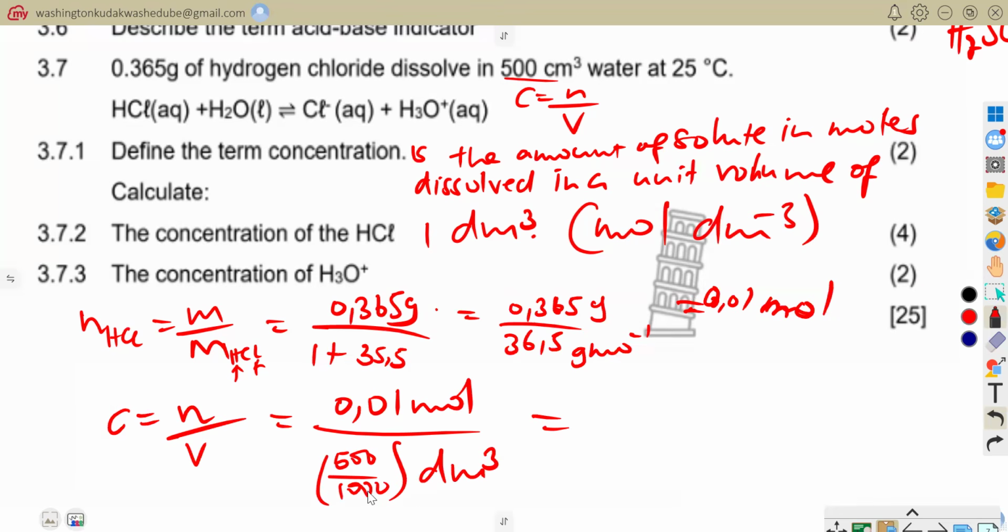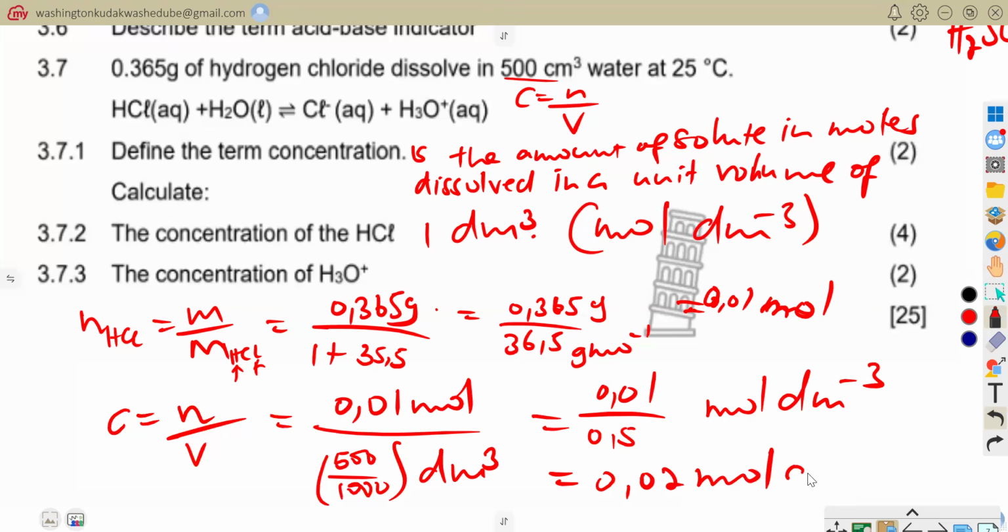So 0.01 divided by 0.5 gives 0.02 moles per decimeter cubed. That is the concentration of your HCl.